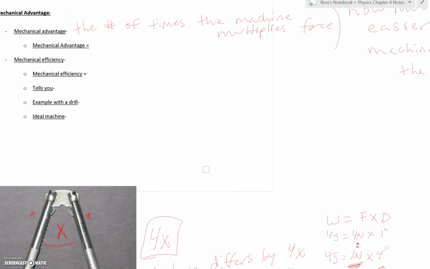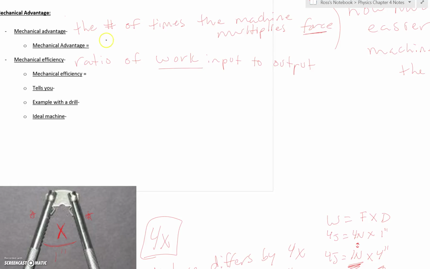Now, mechanical efficiency is very similar. It tells us something a little bit different. So it's the ratio of work input to output. So here, we're talking about force, right?